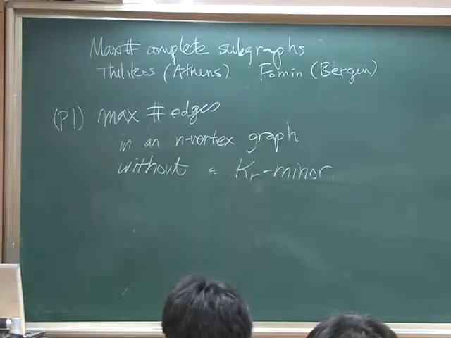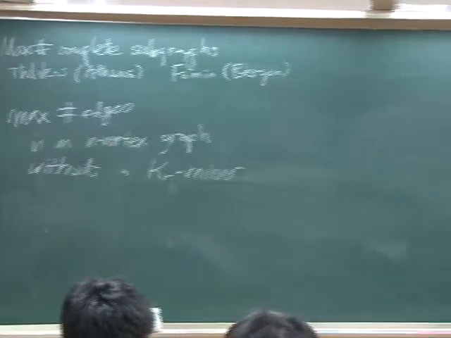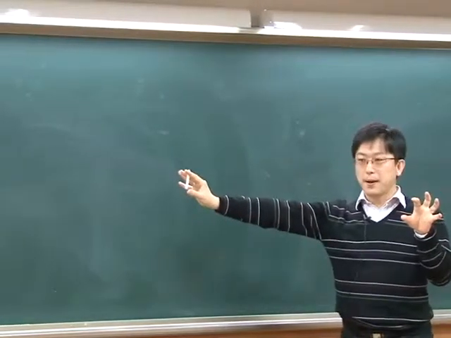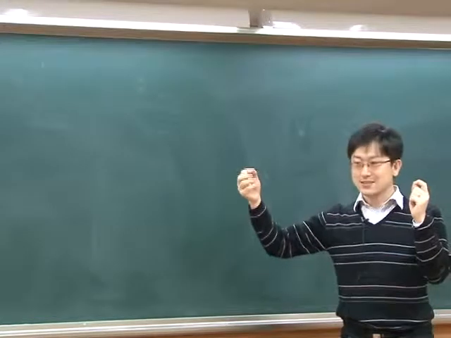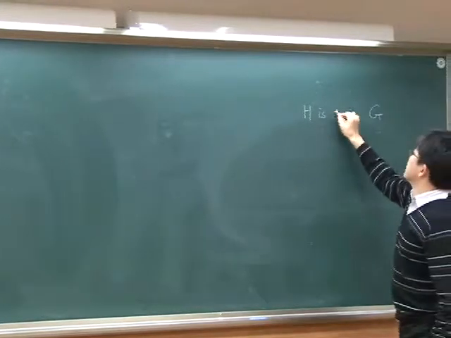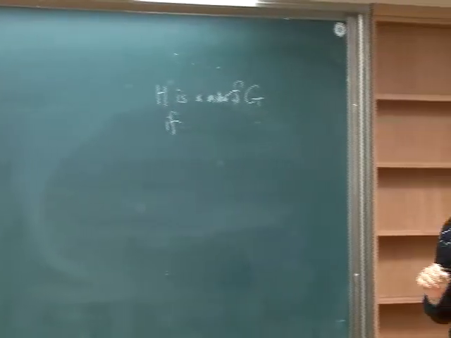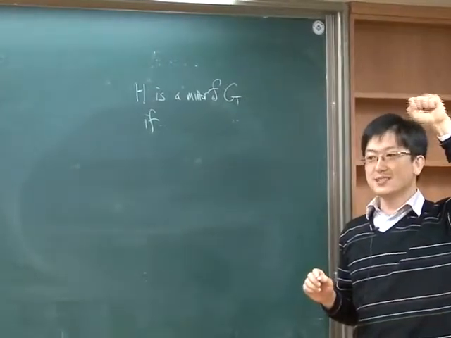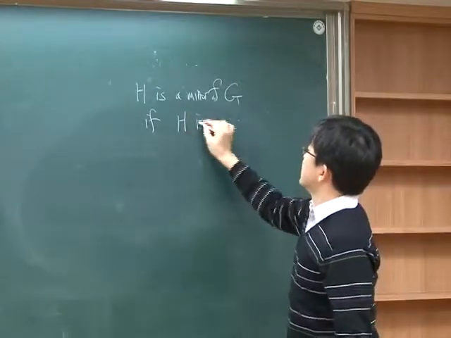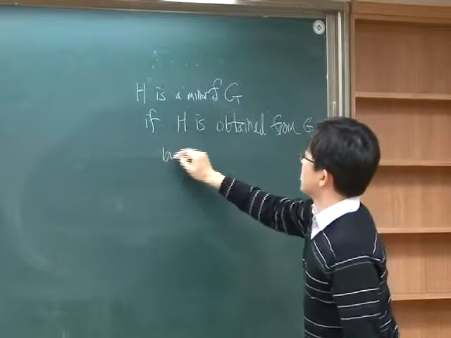So if you don't know the minor: graph H is a minor of G if you can obtain H from a subgraph of G by contracting edges, right? So you have a graph H and you have G, and H is a minor of G if H can be obtained from G by deleting edges, deleting vertices, and contracting edges, right?